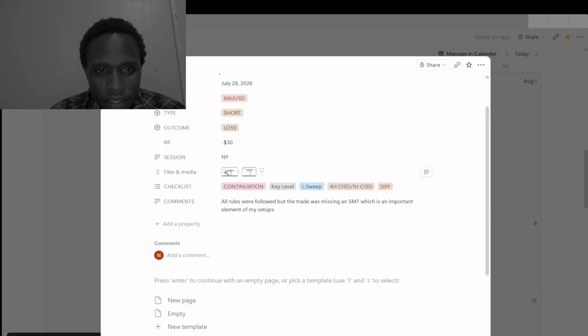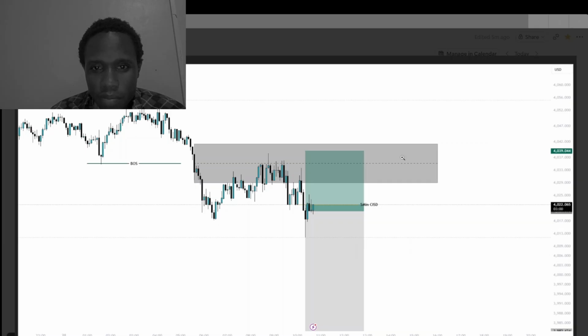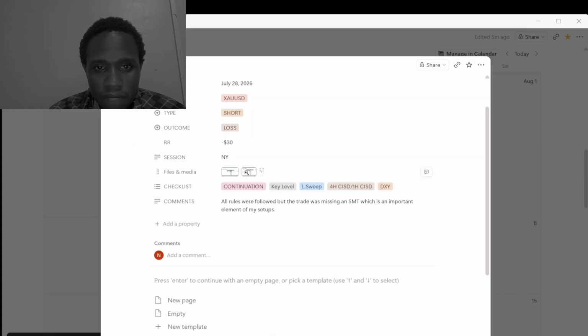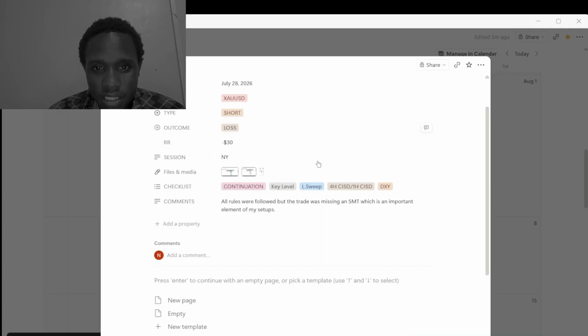And files and media is where I add my screenshots. So let's see if that can open up. This is yesterday's trade, and then we can open the next screenshot, which shows the progress of the trade, which topped out. I closed it manually, so that's why you will notice a difference in where the stop loss positioning is.